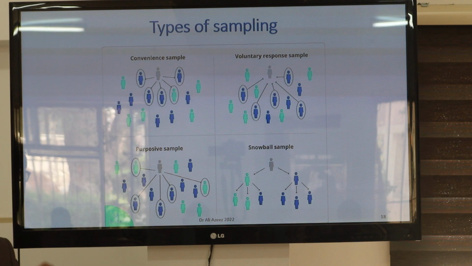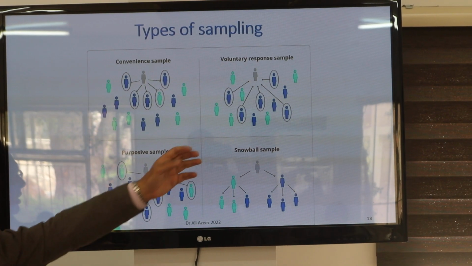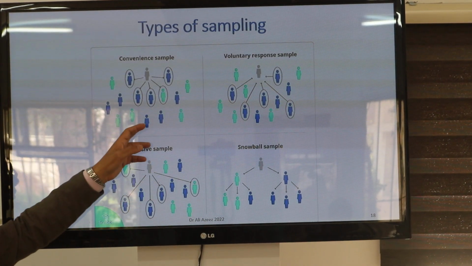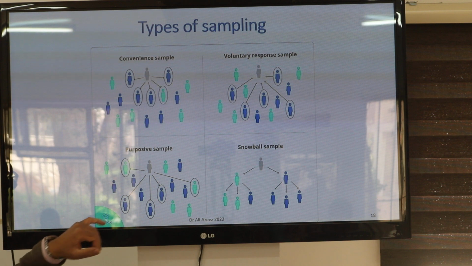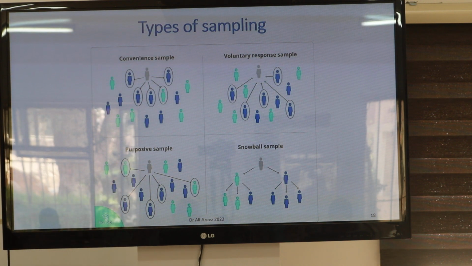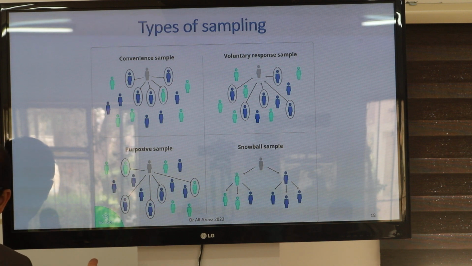So it's the easier one, but usually it's a limitation. It's a limitation you must acknowledge in your study. Voluntary response is similar to convenience. This is the one, purposive sample, I'm talking about, and why we need to use purposive sampling in qualitative.